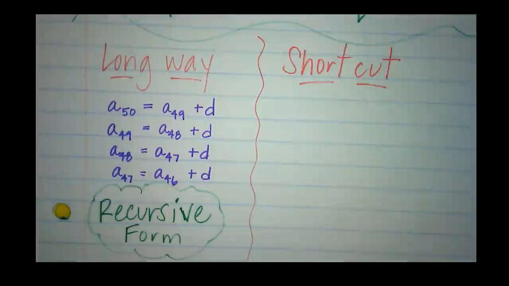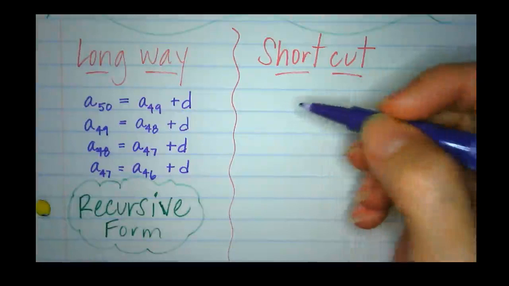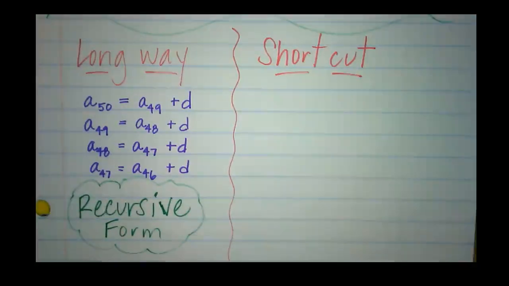Okay, so the easiest way for us to get to a term is by looking at the shortcut, which is multiplying the common difference by the number of terms that we need.